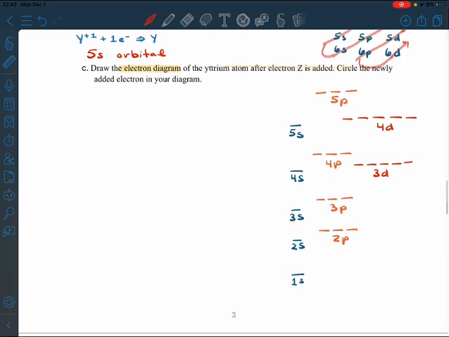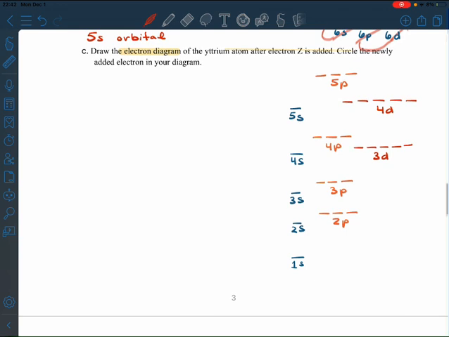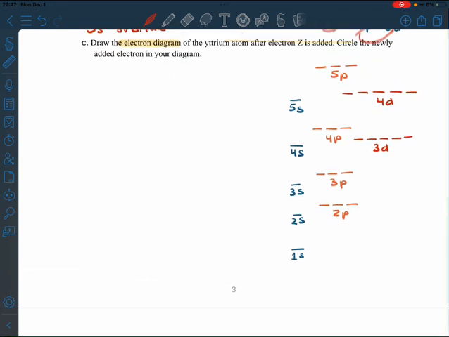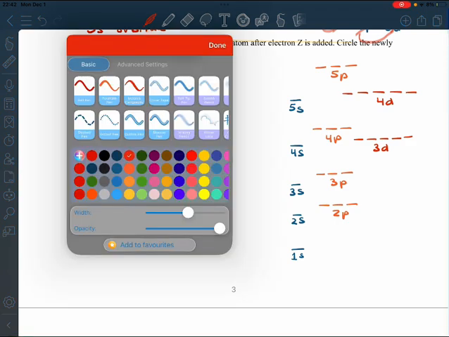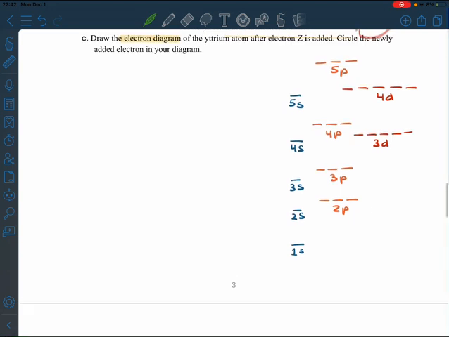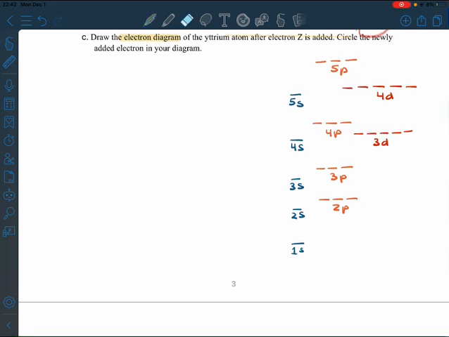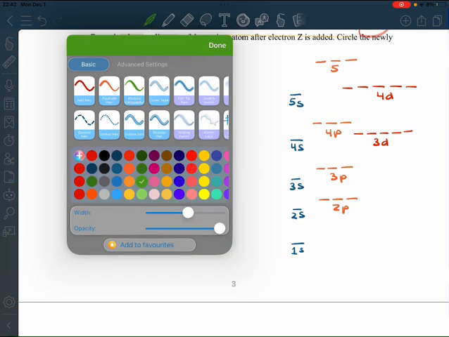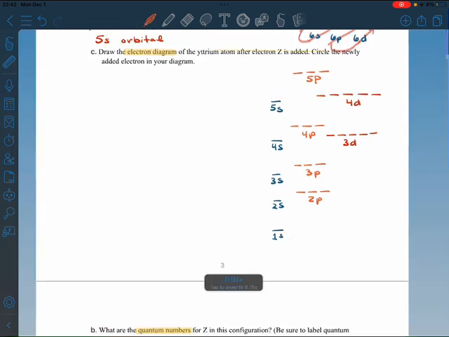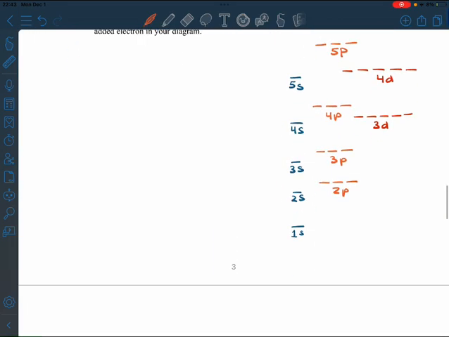Okay, continuing from there. So if we draw the electron diagram, I had drawn it in a previous take, and I didn't want to erase it, but this is the basic setup that you would just know that you could draw easily. And the important part to know is that we're going to be adding electrons to it.